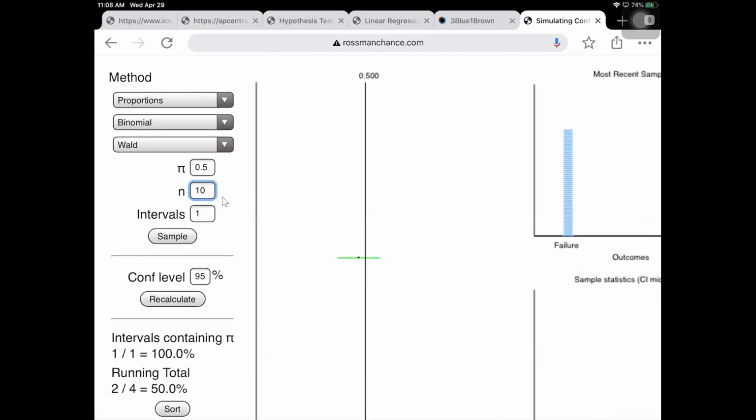So if you look at it, we got a wider confidence interval, and the reason is that we reduced our sample size. Since we reduced our sample size from 100 to 10, we're going to get a less precise answer, and a less precise answer means a bigger confidence interval.